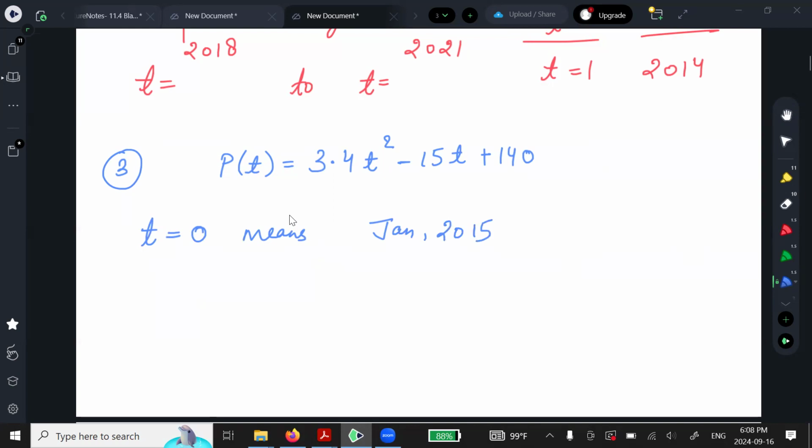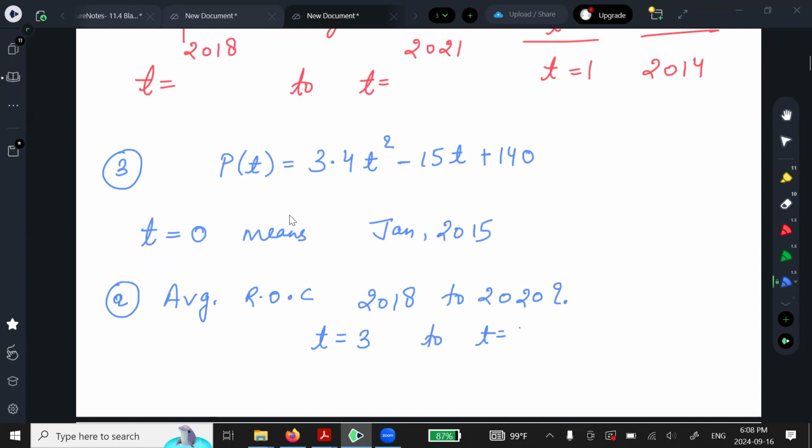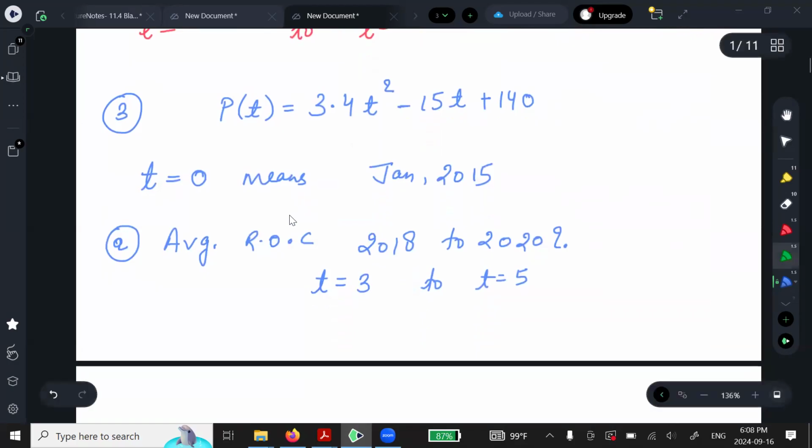So when I say part A, find the average rate of change from start of 2018 to 2020, which 2 t values are you looking at? Yes. 2015 to 2018, how many t? 3. And what is the endpoint? There you go. So you're looking from t equals 3 to t equals 5, and that's the number that goes in there, right? Make sense?